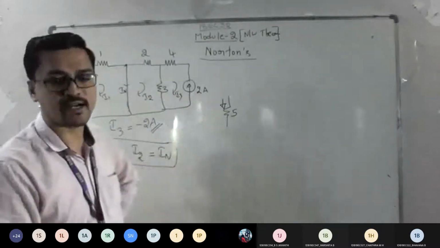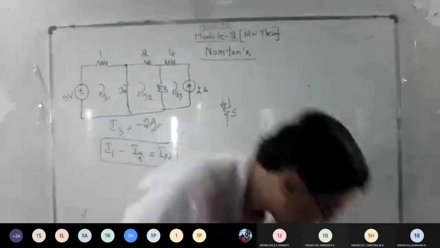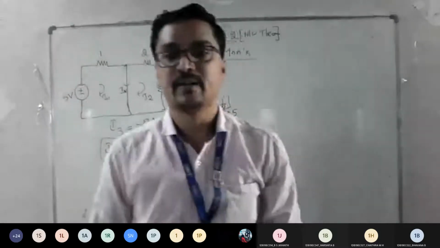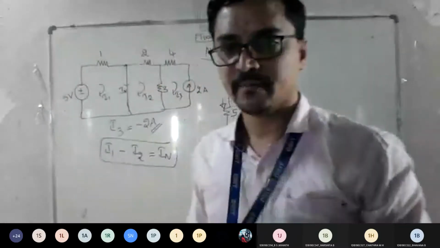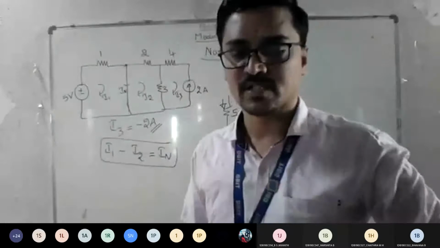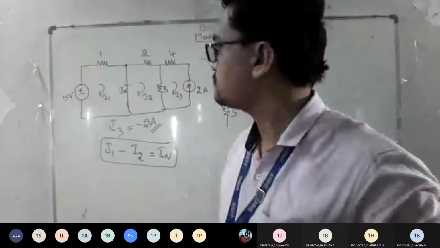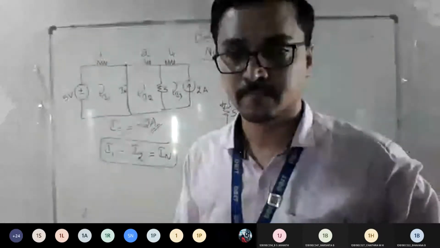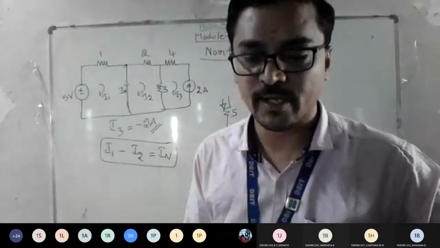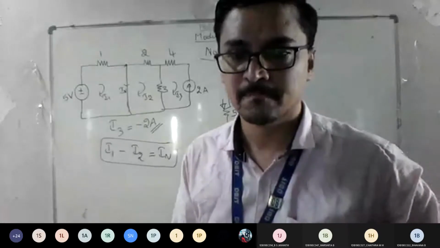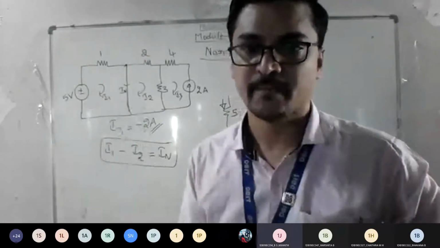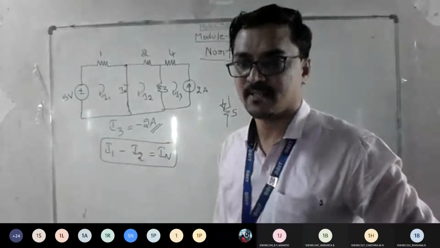So to calculate your Norton current, you need to find your individual mesh currents I1 and I2. Agree? So now how will you calculate I1, I2? What is the procedure? Mesh analysis, sir. Apply and tell me what are the answers.